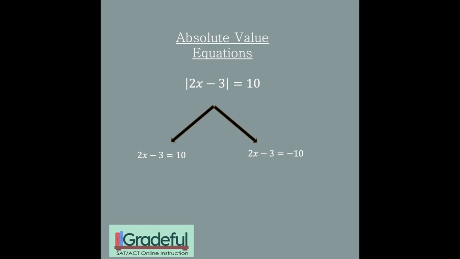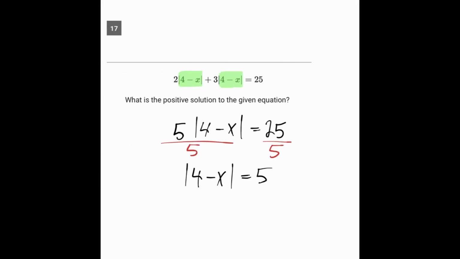Now, by the way, the reason for that is if I take an absolute value of a number, let's say 10, well, that's going to be 10. But if I have the absolute value of -10, well, that's also going to be 10. So therefore, if I tell you the absolute value of the letter A is 10, you have no way of knowing whether A was actually plus or minus 10. So you have to kind of play out both sides. And that's what you're doing when you separate an absolute value equation that way.